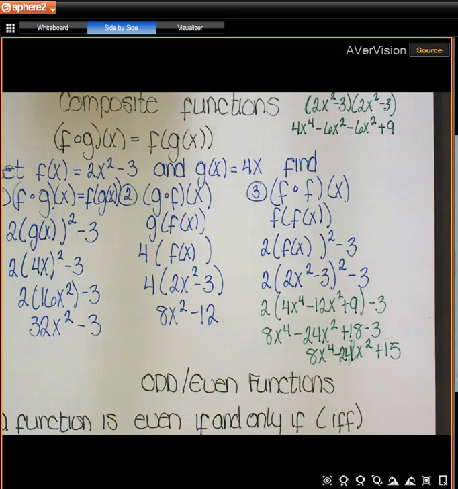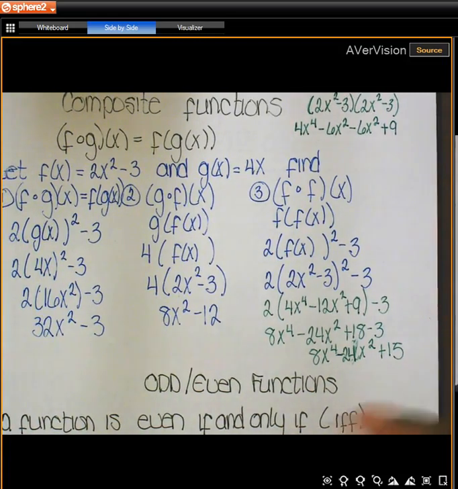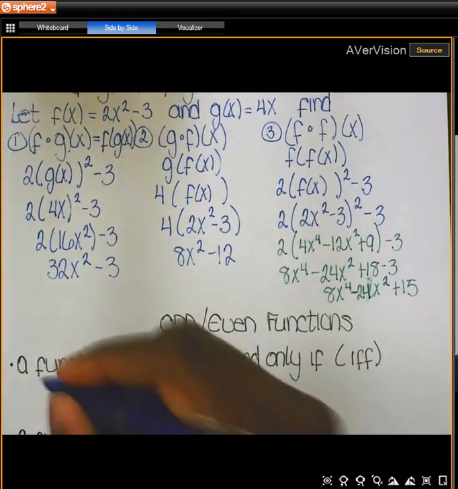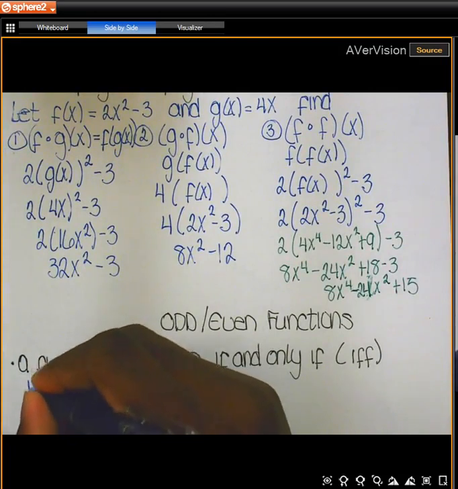All right. Next thing is odd and even functions. So a function is even if and only if it is symmetrical to the y-axis.